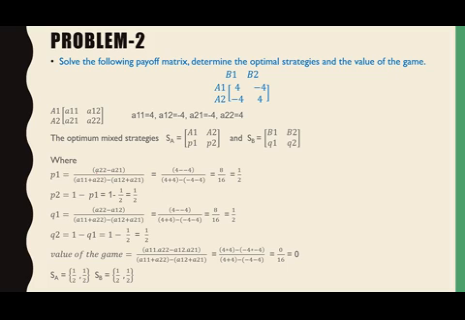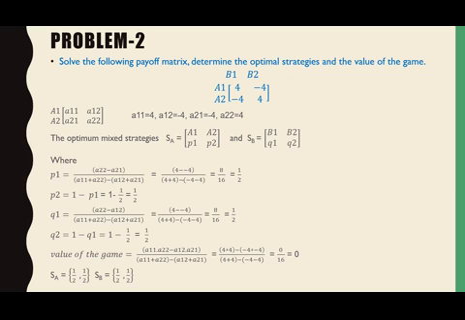So the formula for P1 is A22 minus A21, which is 4 minus of minus 4, which will be 4 plus 4, divided by A11 plus A22, which is 4 plus 4, minus A12 plus A21, minus 4 minus 4.